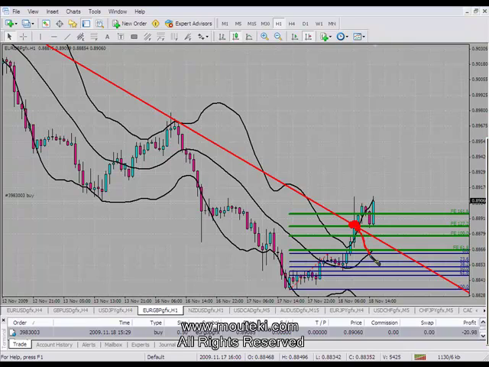So we should have seen this market turn if the bears were going to continue to dominate this market. Now, what we can see here is that they have not. So that's why I'm saying here that I believe that the overall picture is going to come here, and this is going to be a rather large movement.